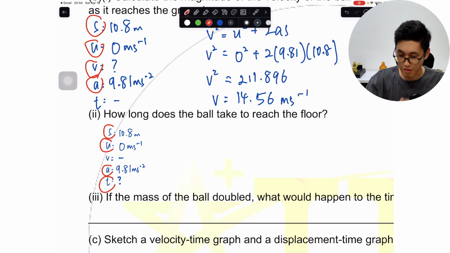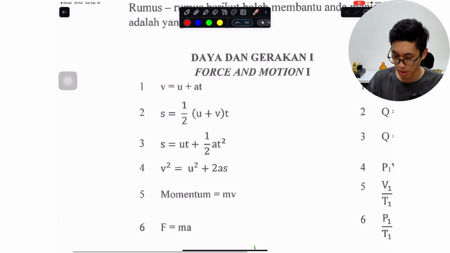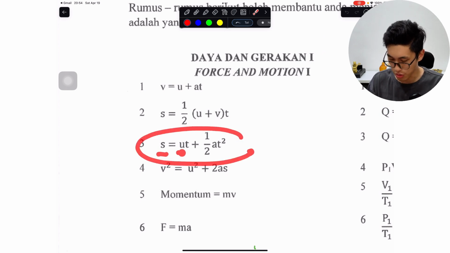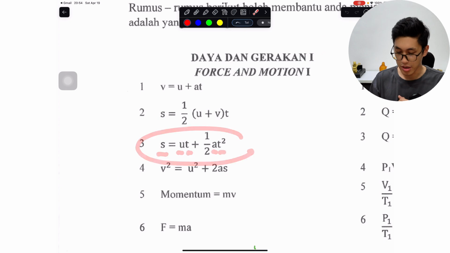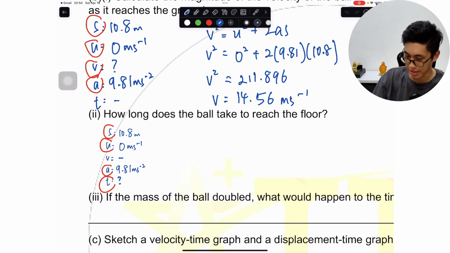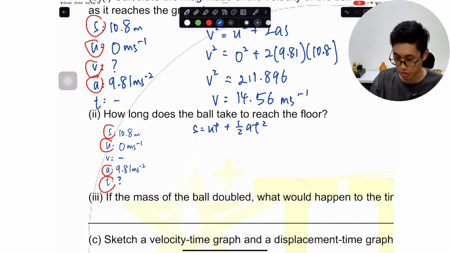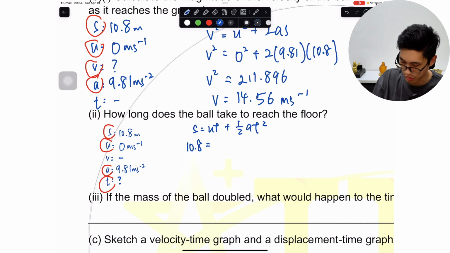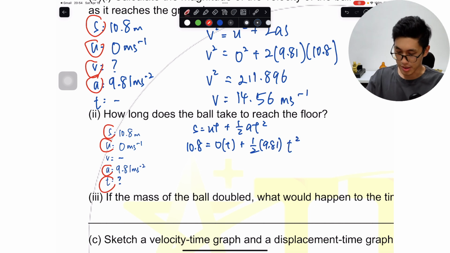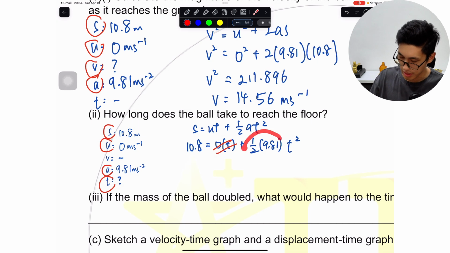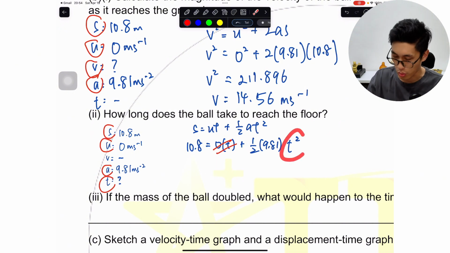So if I look for the formula that has S, U, A, T, you're going to end up with this one: S equals UT plus half AT squared. Again, substitute all the numbers. 10.8 equals 0t plus half times 9.81 times t squared. Now, 0t is of course just 0, so I'm just going to ignore that. I'm going to bring this over to divide since I want t squared by itself.